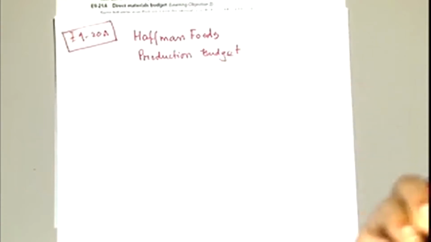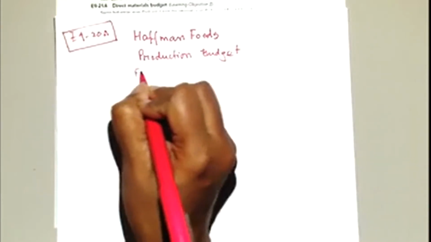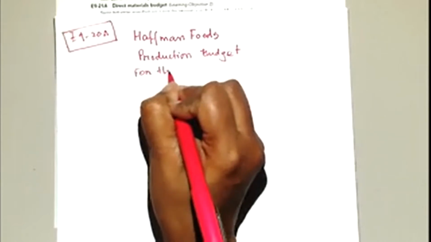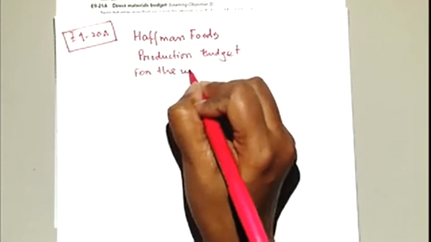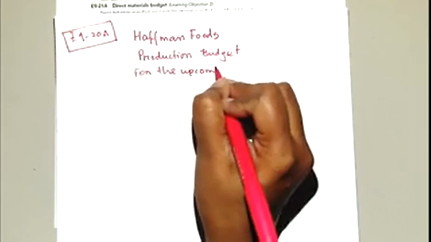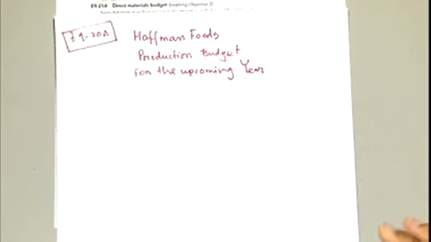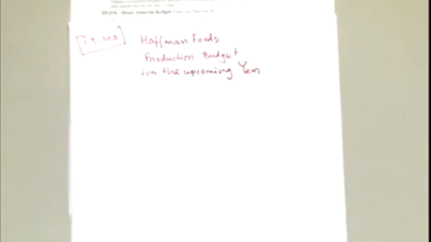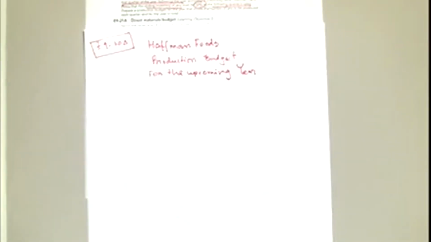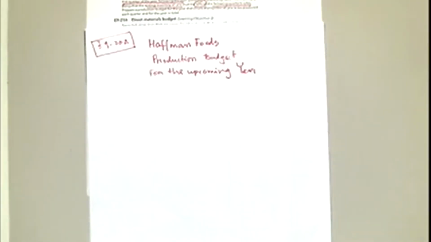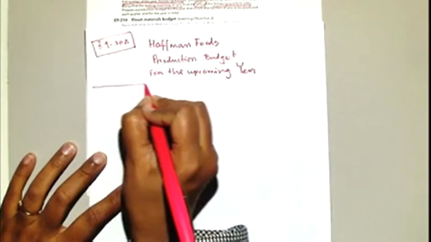And then, I don't know the year, but you can just write it down for the upcoming year, for the next year or upcoming year. Again, it's a year-long budget. That means you will have a column for every quarter and a total column for the entire year. Right, so I'll draw the columns.